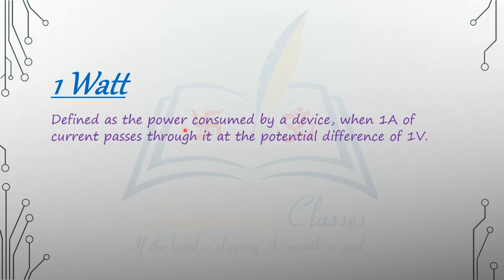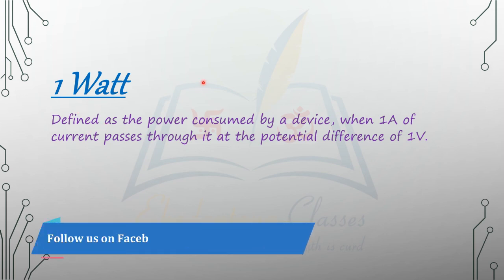It is defined as the power consumed by a device when 1 ampere of current passes through a potential difference of 1 volt.